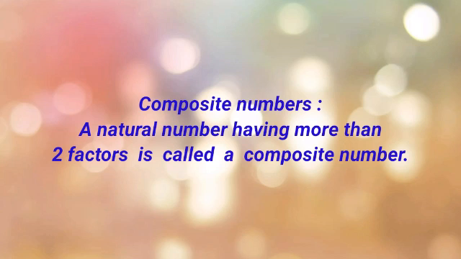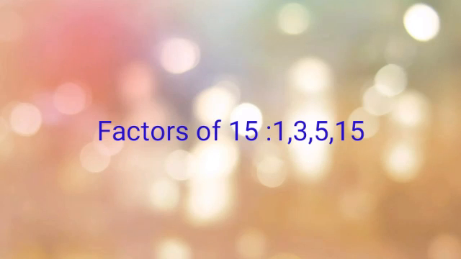At the same time, a natural number having more than two factors is called a composite number. For example, if I choose 15, it is a composite number. How can we say? 15 can be divided by 1 and 15, and also by 3 and by 5.